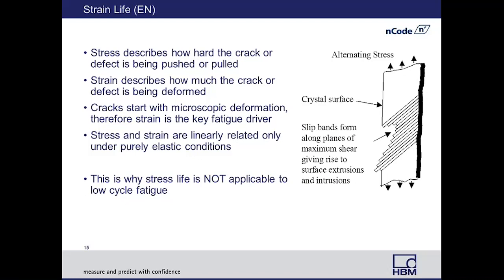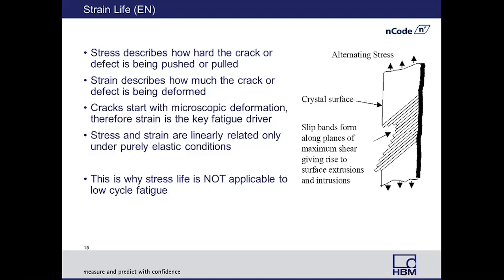And if you think about the way in which crack initiation occurs, being on the microscopic scale and dealing with deformations, strain really is going to be the key fatigue driver. The reason why early on we were able to get away with doing stress life for high cycle fatigue is because we know that stress and strain are linearly related when we are below the yield strength.